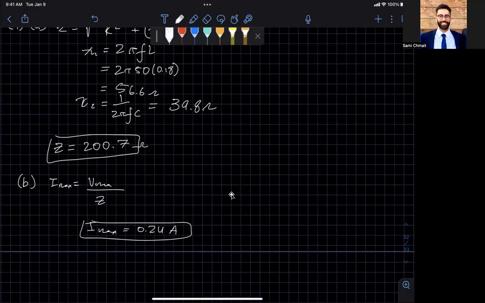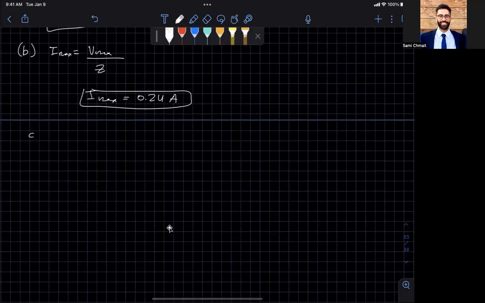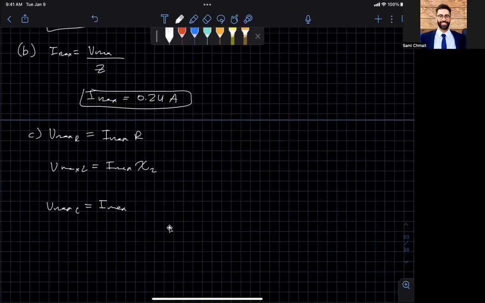And the next one, we're asked to solve for the peak voltage across each element, okay? So the peak voltage across each element. What is that? The V max through the resistor is going to be equal to I max times R. The V max through the inductor is again I max times XL, and then V max through the capacitor is I max times XC.